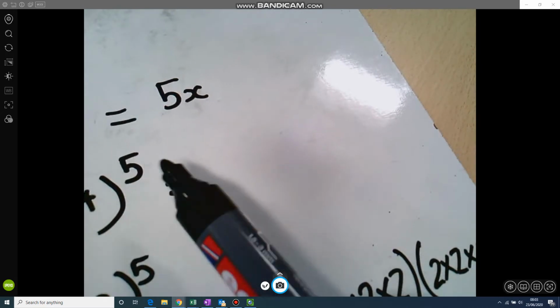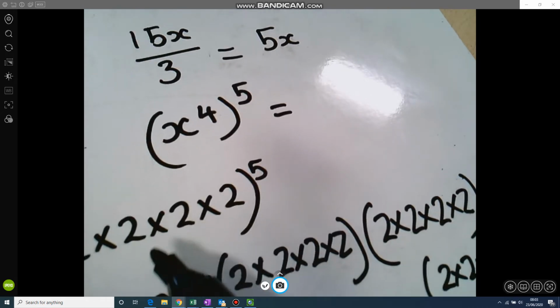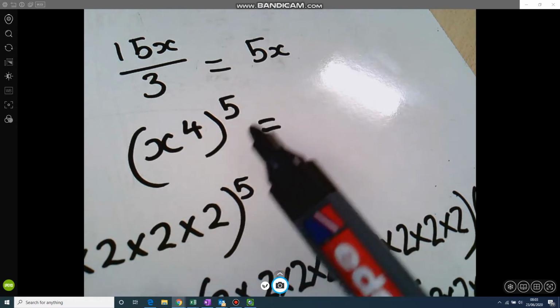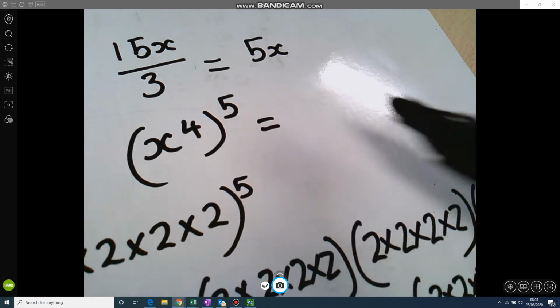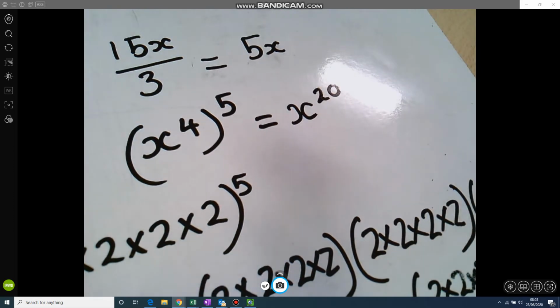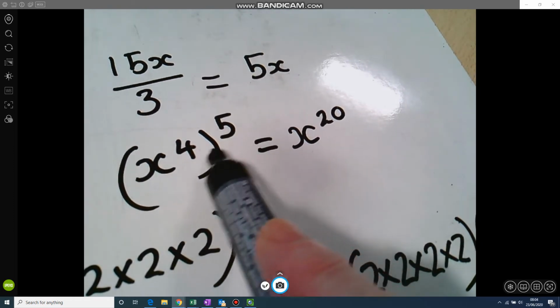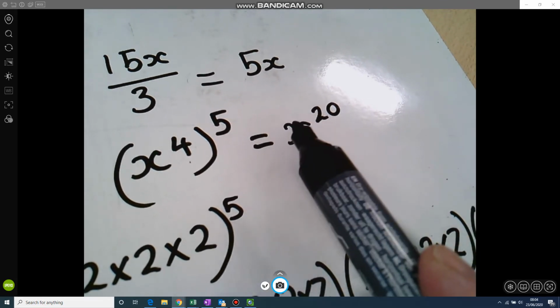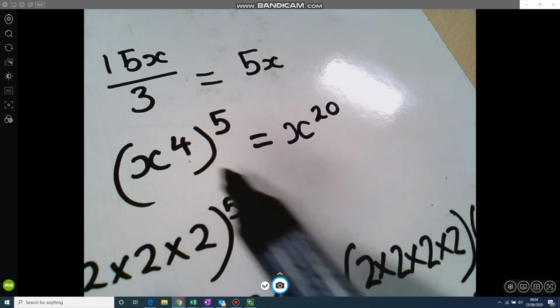Okay, let's look at the question again. We're saying it's x to the power 4 all to the power 5. It's actually x to the power 20. And what you do here as a shortcut is 4 times 5, which gives us 20. These are rules of indices.